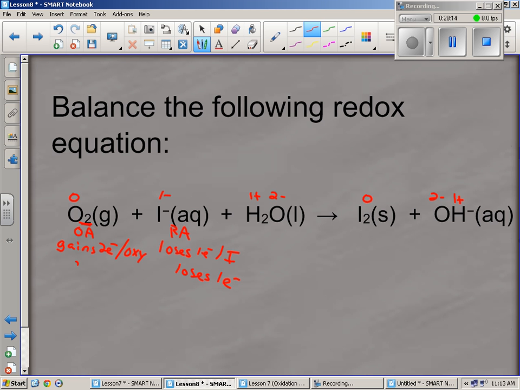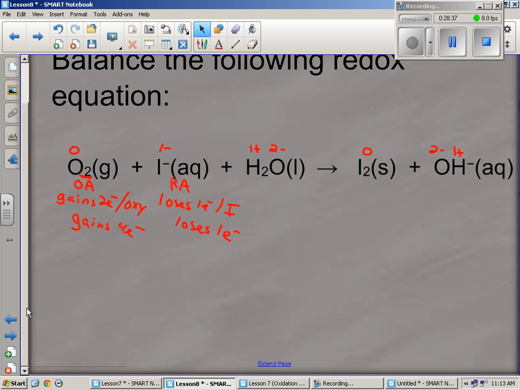So in total, gains 4 electrons. Okay? That one I do multiply by 2 because there's 2 of them on the left side. Once again, I don't care about the right side anymore. Okay? That's where you got to start. That might be the hard part. Okay, but this one's a little bit trickier. But that's pretty much, you got to do those first steps, always.